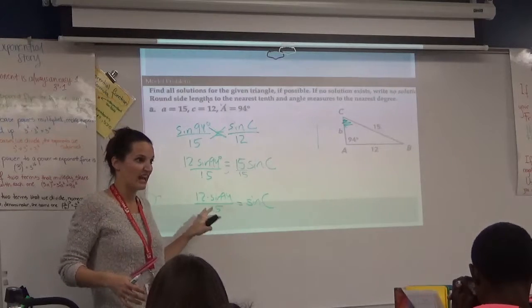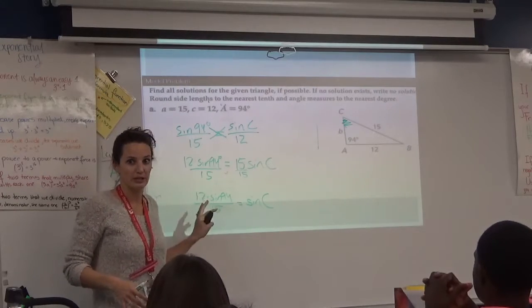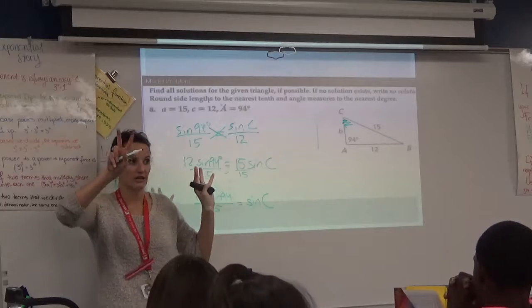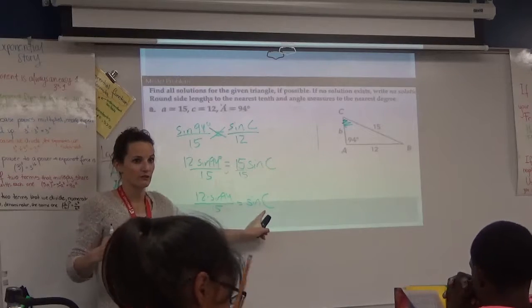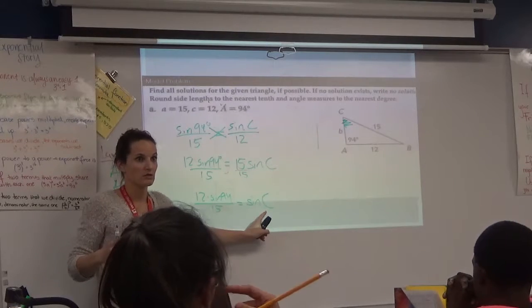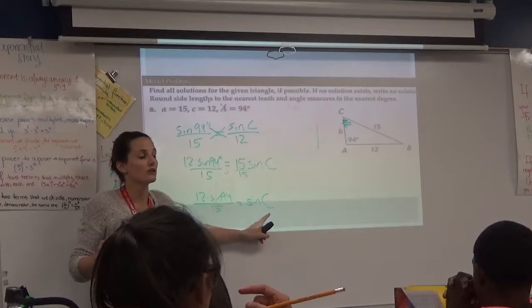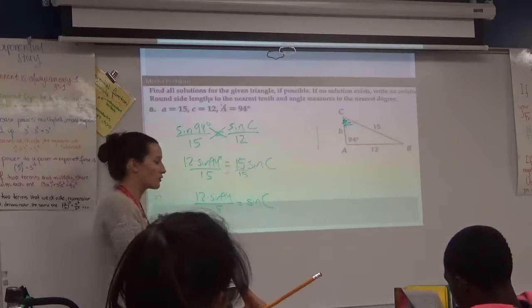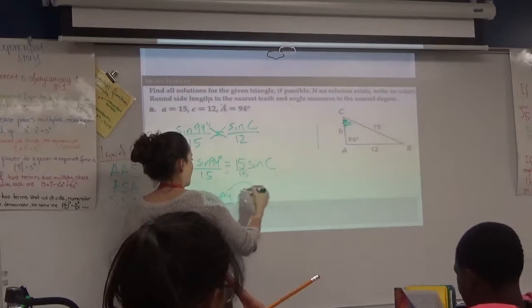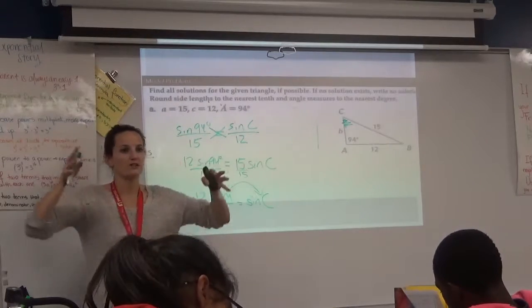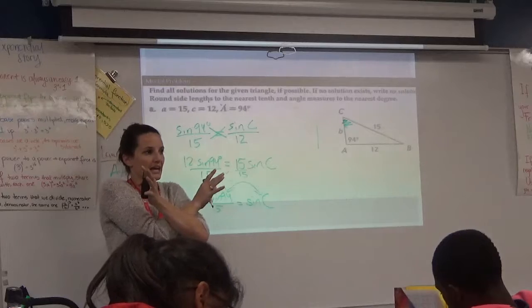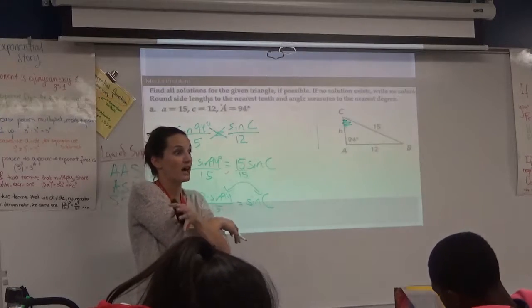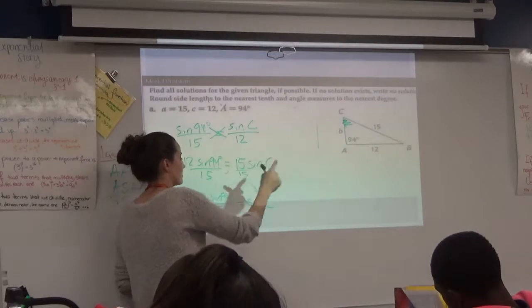When we have the answer, the output, and we want to find the input, what do we do to switch those and solve for this? I heard a couple of people. The inverse, right, is how we solve for the angle. We can switch it. So remember we said that I basically switch x and y, or I switch my input and output, and I can rewrite it as inverse sine of this will equal C.